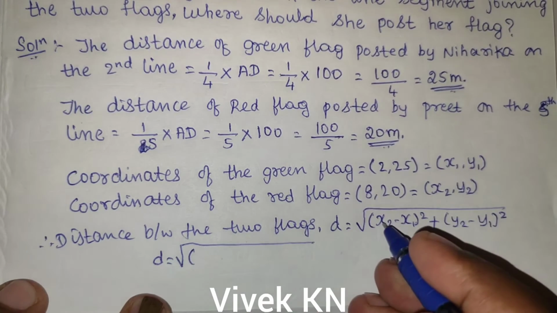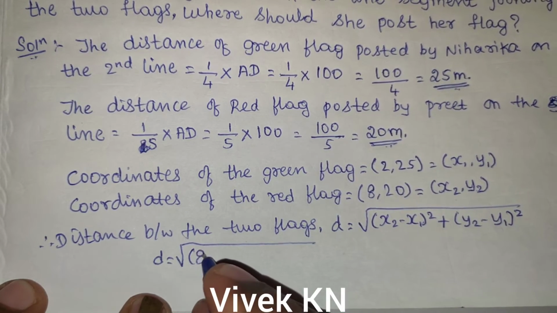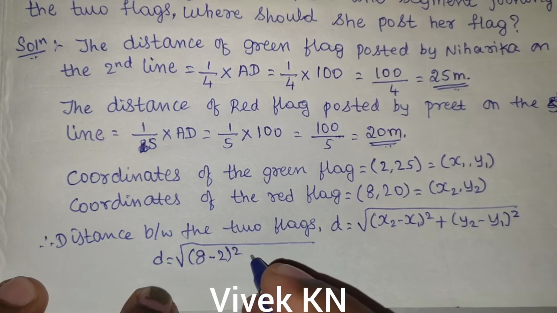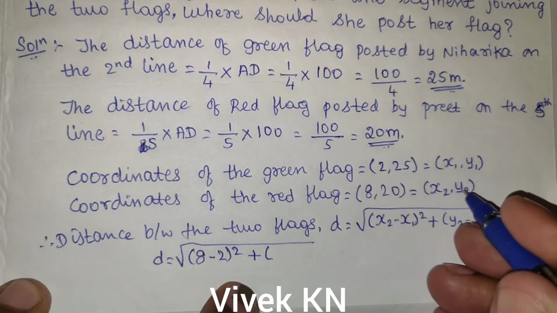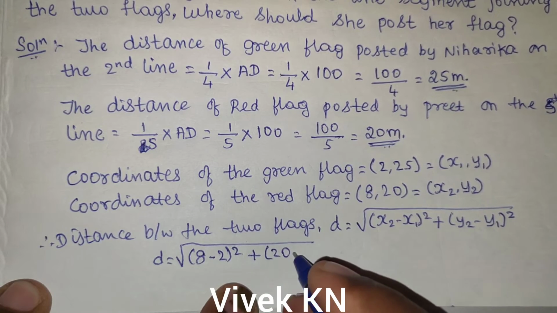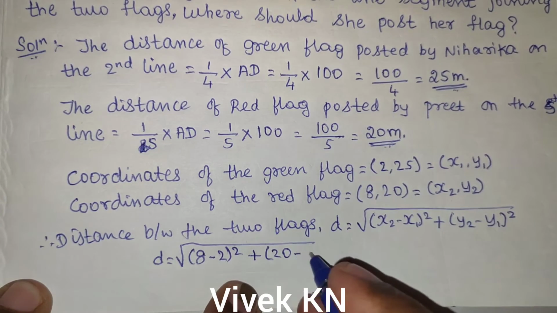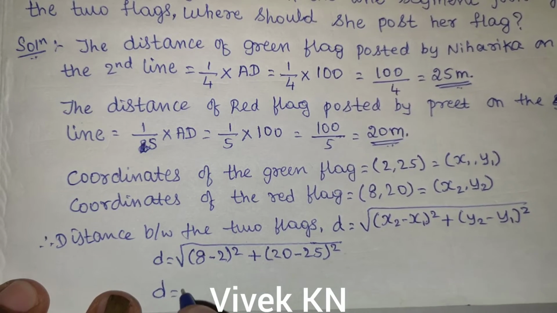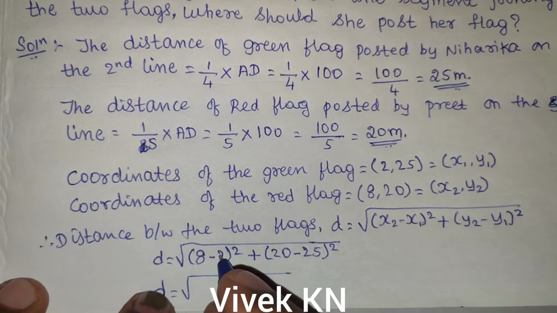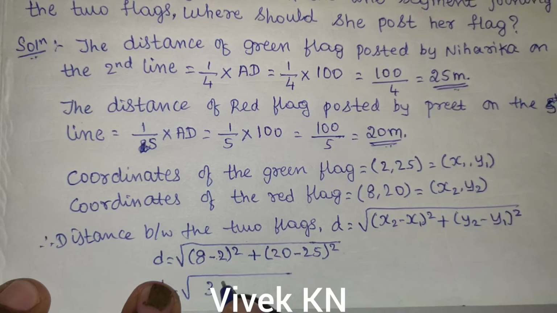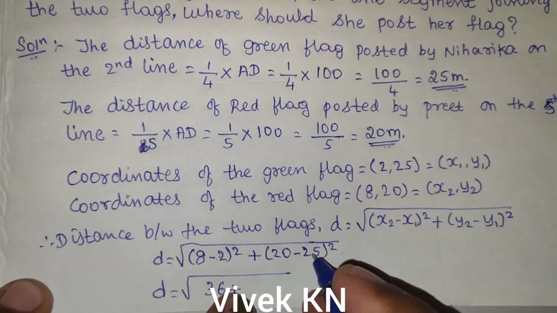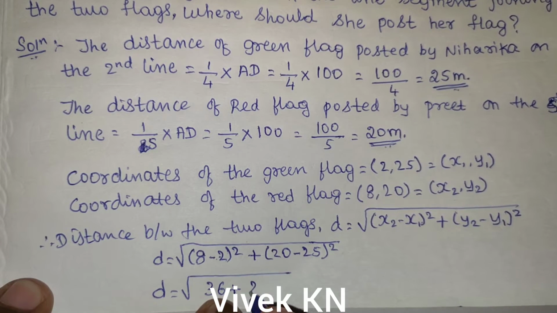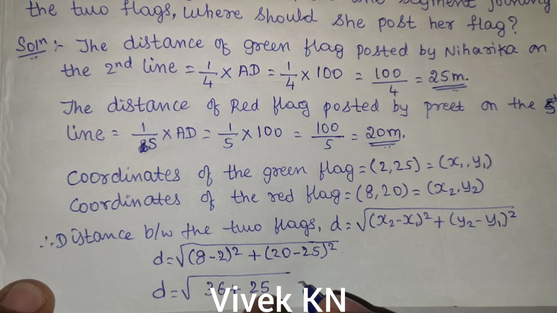The value of x2 is 8 minus the value of x1 is 2 whole square plus the value of y2 is 20 minus the value of y1 is 25 whole square, that is d is equal to under root of 8 minus 2 is 6, 6 square is 36, and 20 minus 25 is minus 5, whole square, minus 5 whole square is nothing but 25.